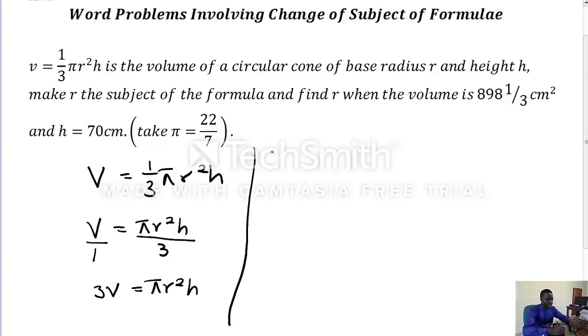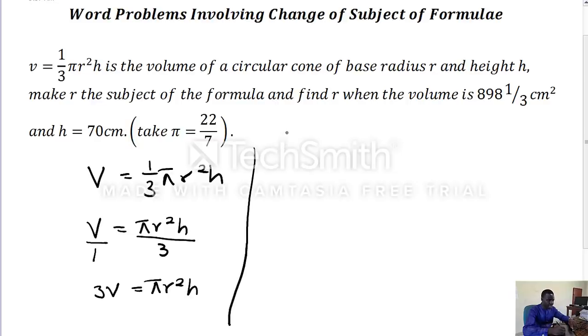Thereafter, I'm going to move every other term that has no relationship with r from the right hand side to the left hand side. Since they are both multiplied with r squared, I'm going to divide both sides of the equation by pi h.